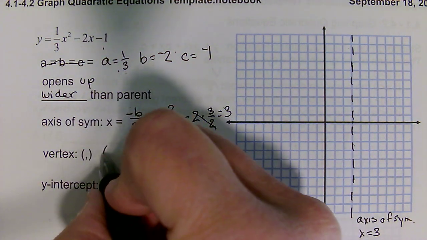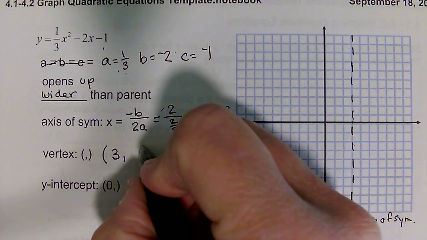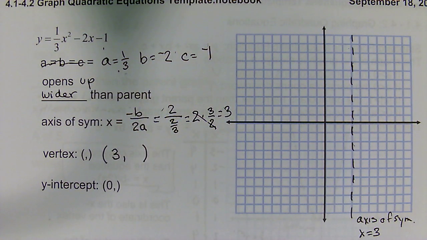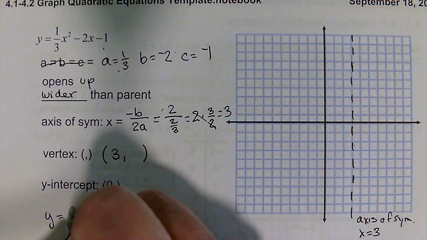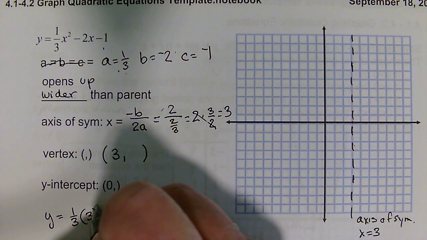Now the vertex, the axis of symmetry's x-coordinate is the x-coordinate of the vertex. And to find the y-coordinate of the vertex, you take the original equation and you substitute the x-coordinate of the vertex in for x.